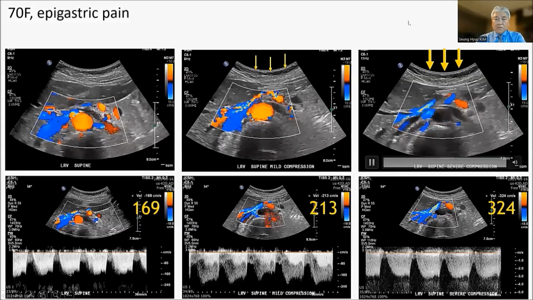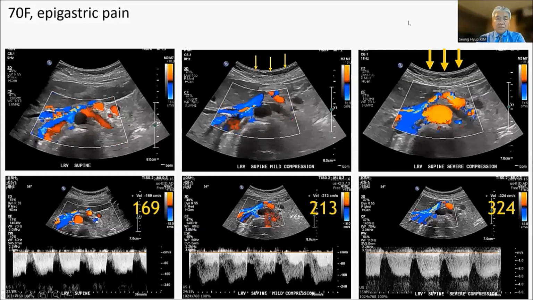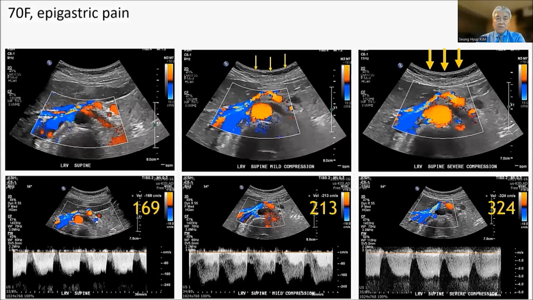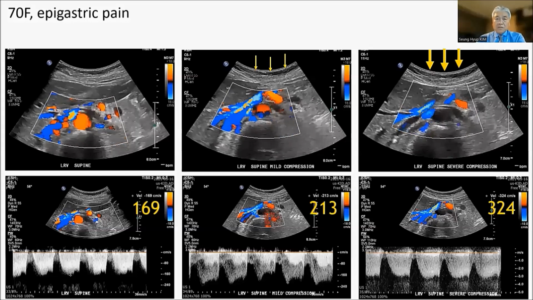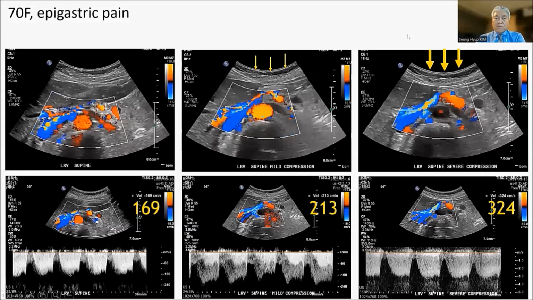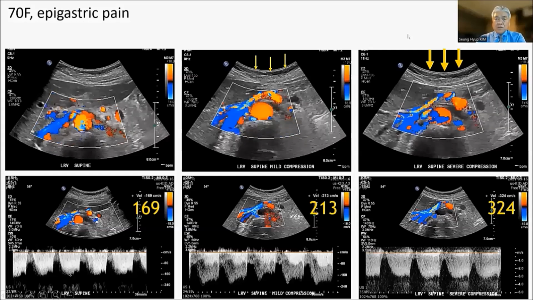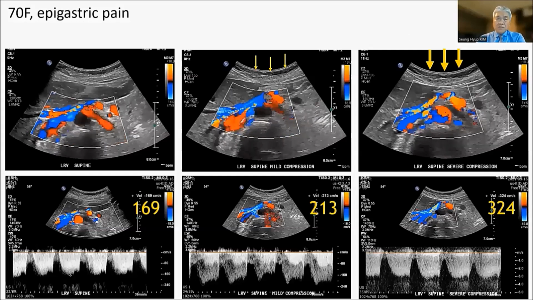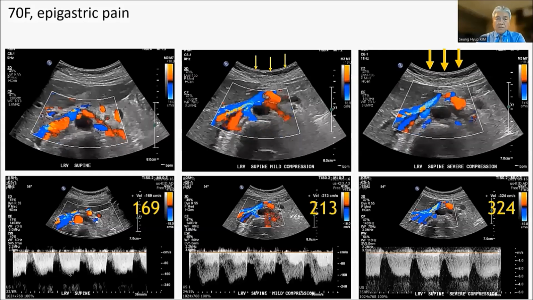There was a big difference between the peak flow velocities with different degrees of manual compression with the ultrasound transducer. The peak flow velocity with strong compression was almost twice the peak flow velocity without compression.